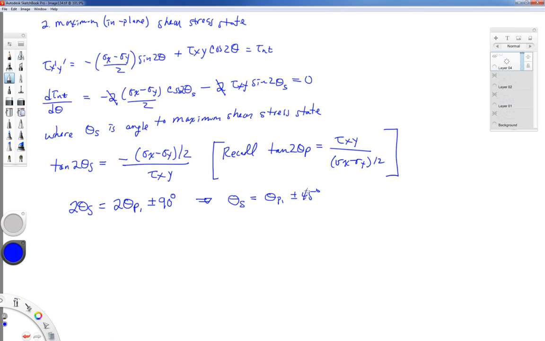Well, if we want, we can construct that triangle like we did before, and we can put in values for 2 theta s1. There's going to be another root. We can put in the values for 2 theta s2. I'm not going to take the time right now to construct that triangle. I'll let you do that if you'd like. But we can take those values for 2 theta s1 and 2 theta s2, and plug them back into the tau x prime y prime equation.